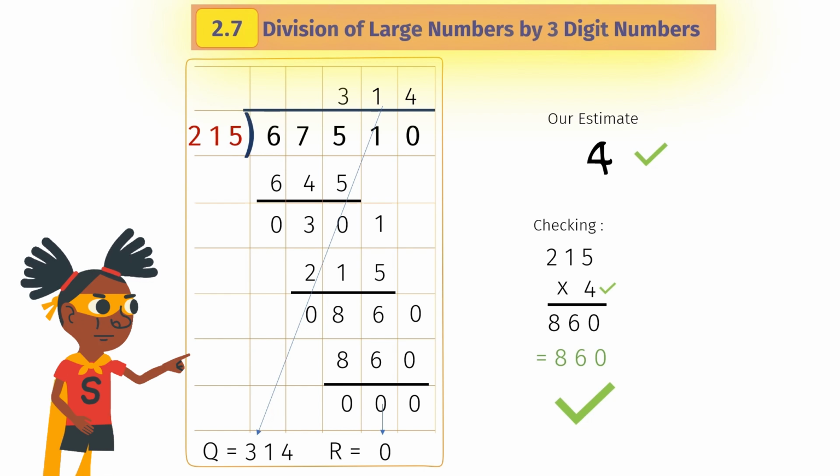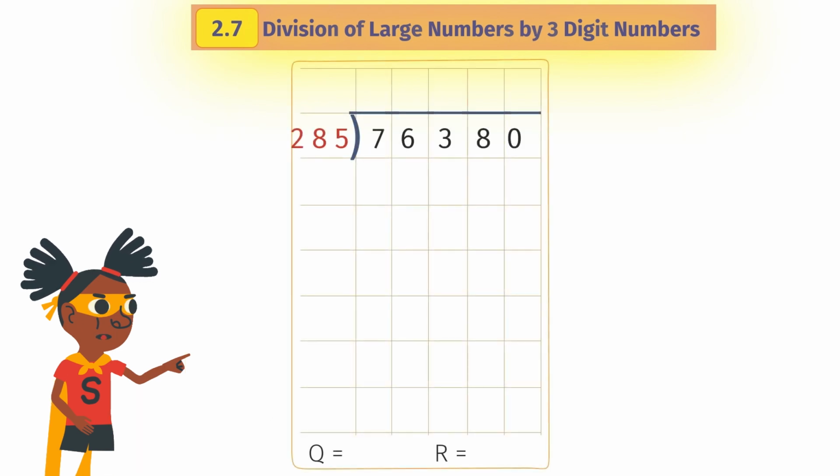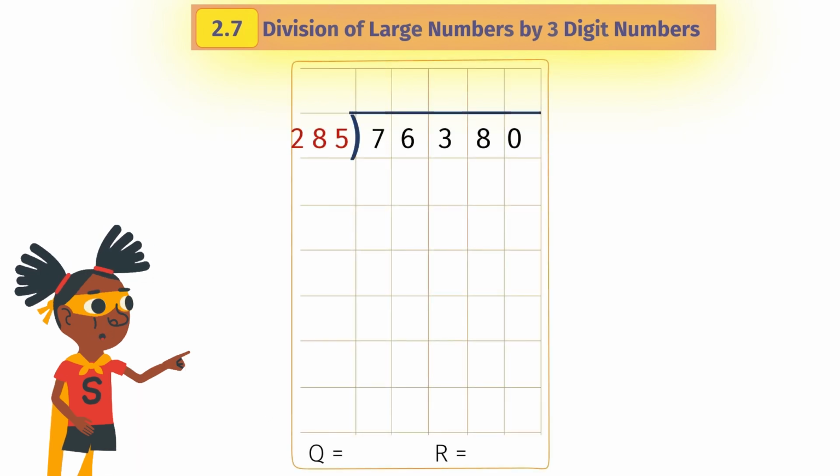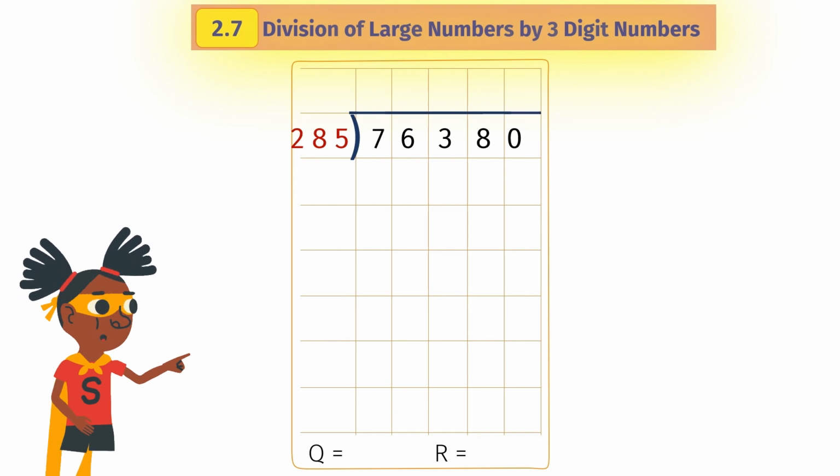As another example, let us take 76,380 divided by 285.